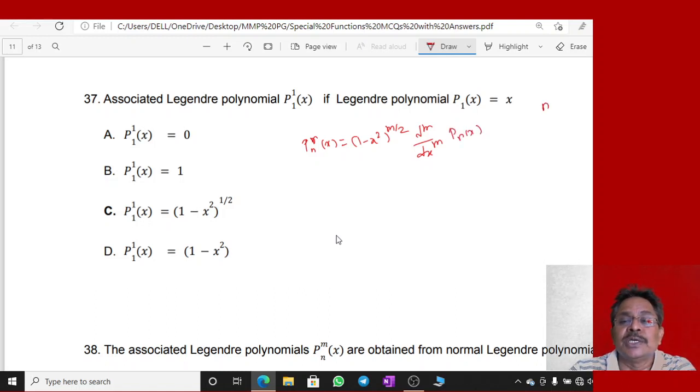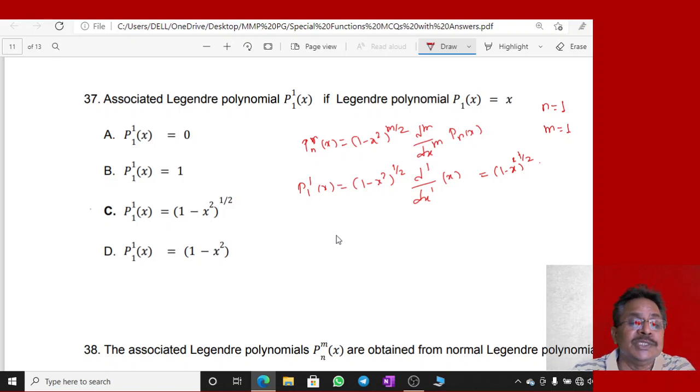Now here in this case we have been given n is equal to 1, m is also 1, and therefore P11 of x is equal to 1 minus x square raised to 1 half, that is square root of 1 minus x square, into d by dx of P1 of x, which is simply x, and this differential of x with respect to x is equal to 1. Therefore it is 1 minus x square raised to plus half, and therefore C is the correct option.